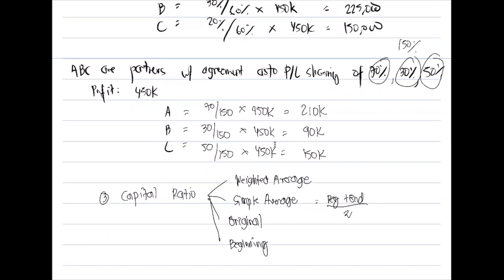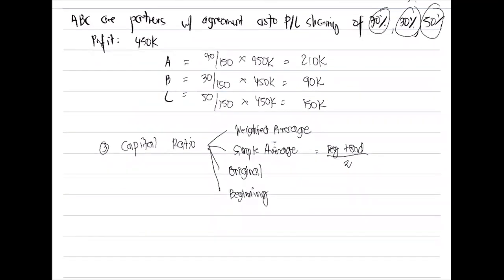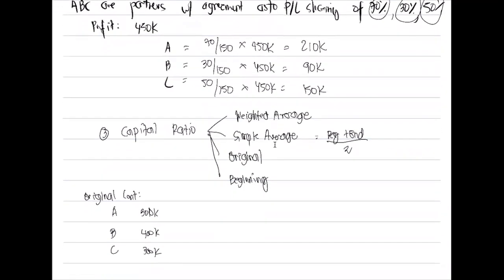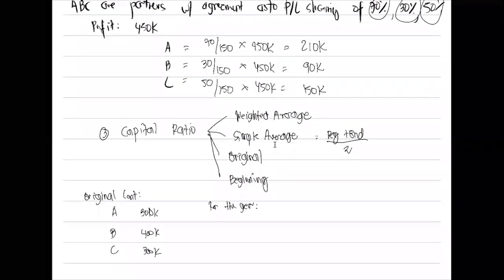Okay, let's have an example. So we have here A, B, C. These are the original contributions of A, B, and C. Let's say 300,000, 400,000, and 300,000. And then for the year, we have the following.